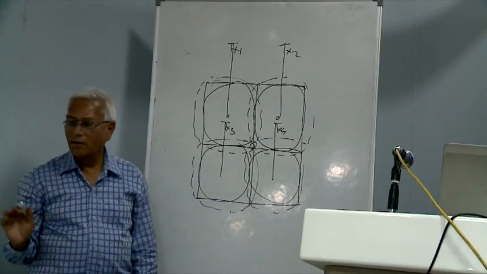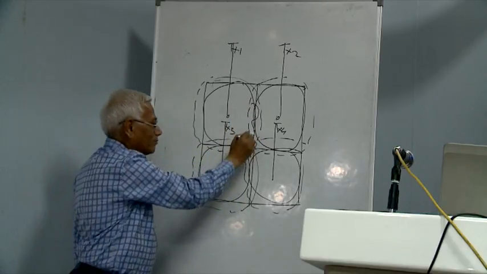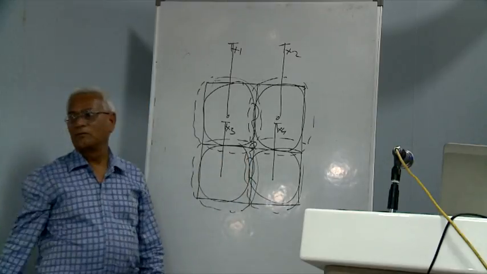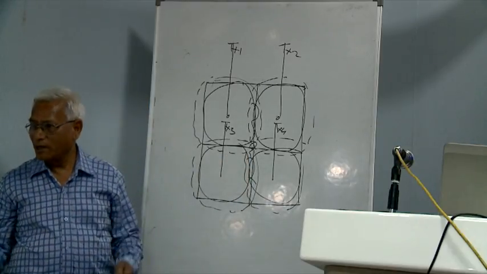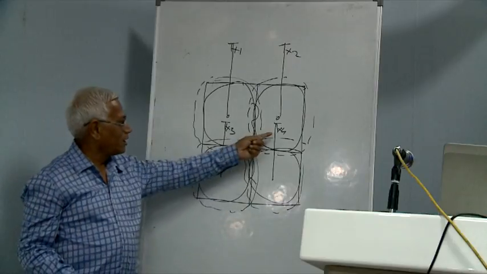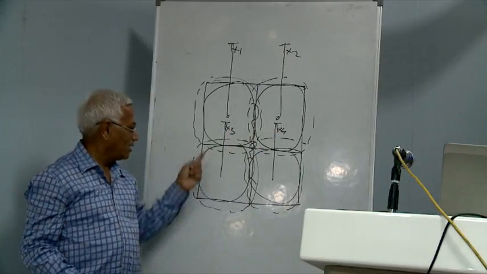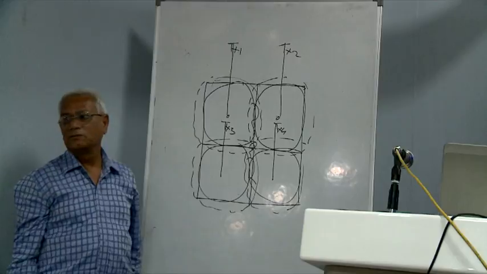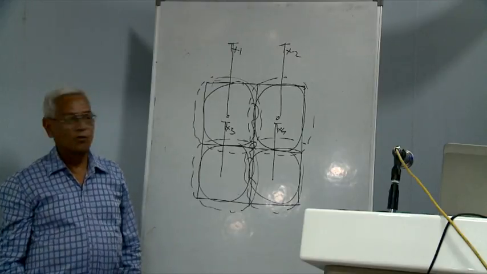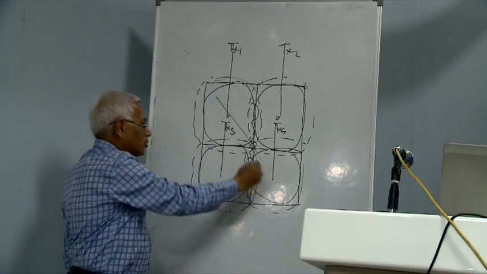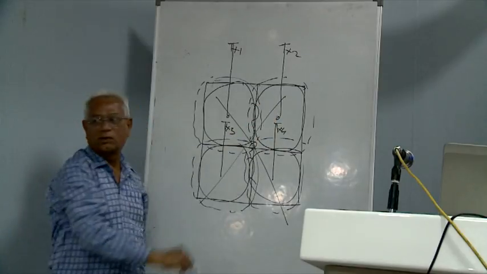That area has gone, but this is overlapping here. You will not be able to decide whether the signal belongs to TX4 or TX3 or any other. So rectangle cell is also not suitable for mobile communication.